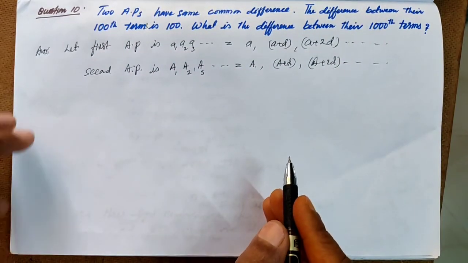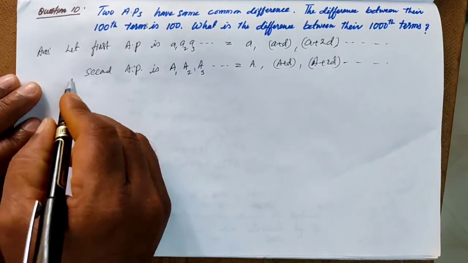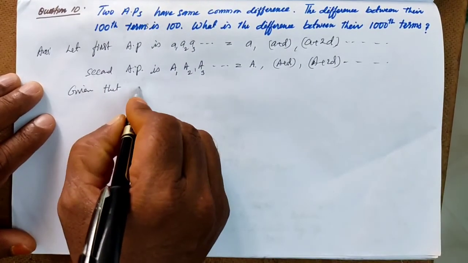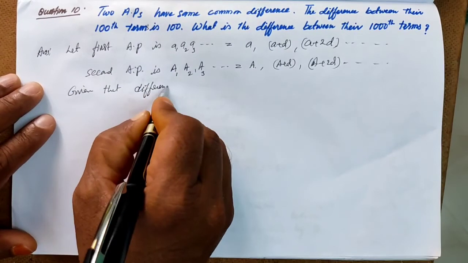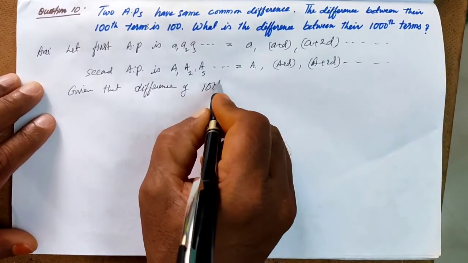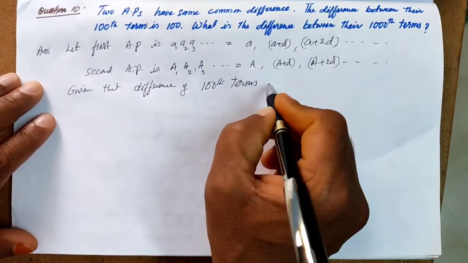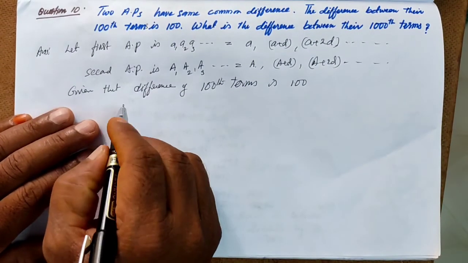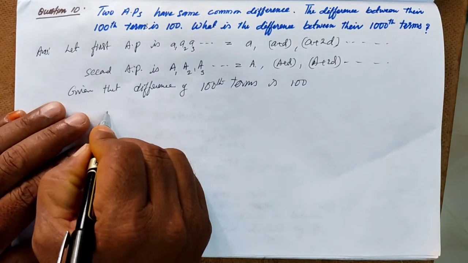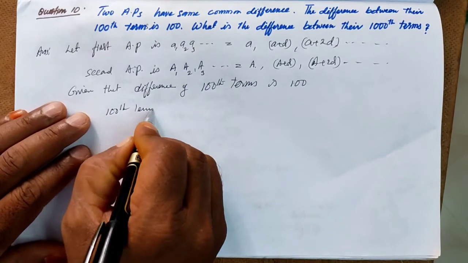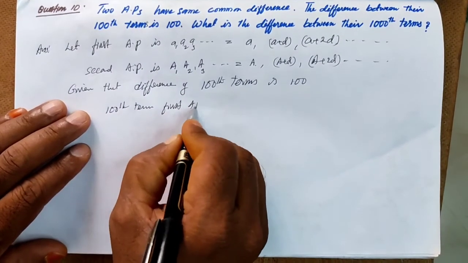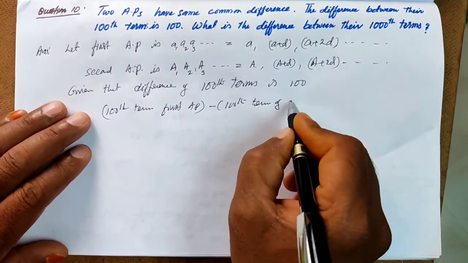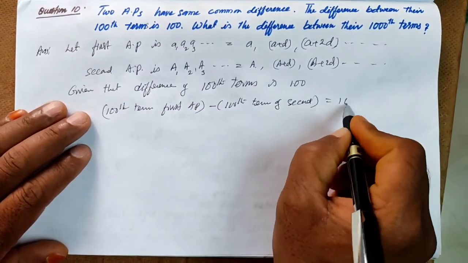Now the difference of the 100th terms is given as 100. So the 100th term of the first AP minus the 100th term of the second AP is equal to 100, that is given.